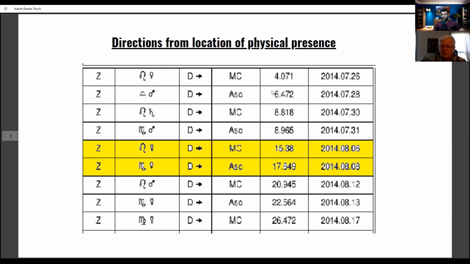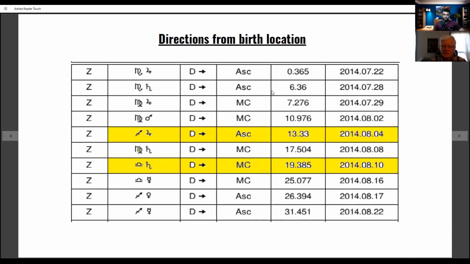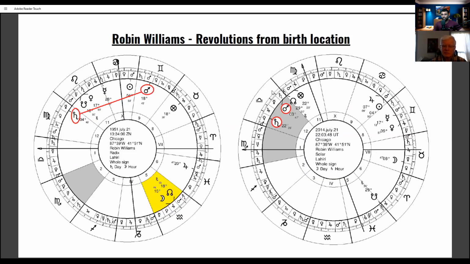Okay. So I don't have any more examples. I think it's up to people to go ahead and test and see what they find. And the 9th house. Again, we're focusing just on his death, but maybe there were other 9th house issues going on in his life that we don't know of.